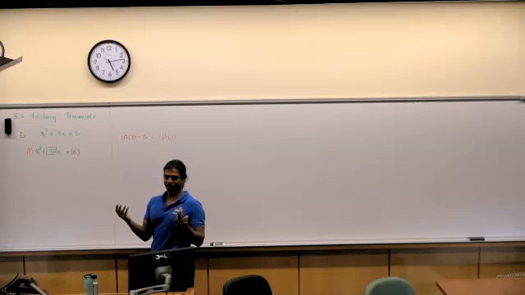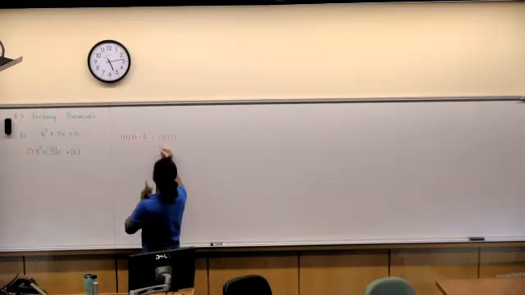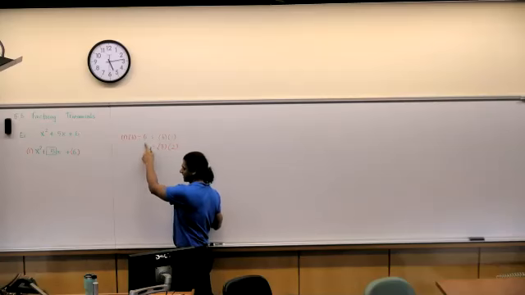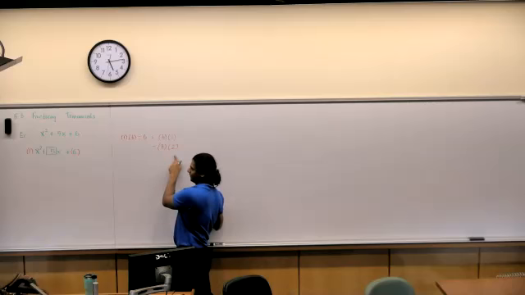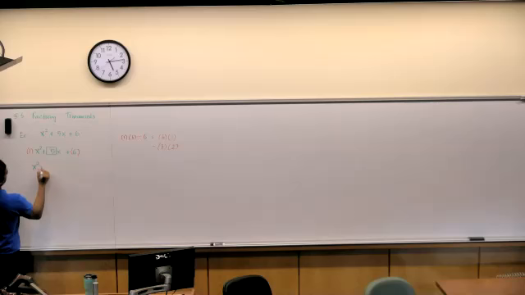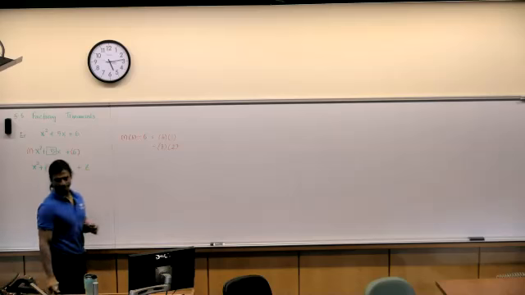Just factors of 6. 3 and 2. So if I wrote it as 3 times 2, 3 times 2 is 6. If I add 3 and 2, do I get 5? Yes. So x squared, I'm going to split the 5 and write it as 3 plus 2 x plus 6.